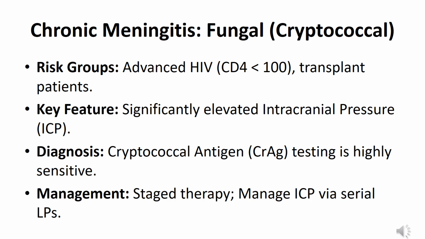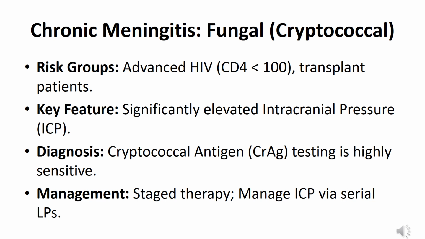Transplant recipients are another high-risk group. The immunosuppressive medications used to prevent organ rejection can also reduce the body's ability to fight fungal pathogens. Any immunocompromised patient presenting with persistent headache and constitutional symptoms should prompt consideration of cryptococcal disease.